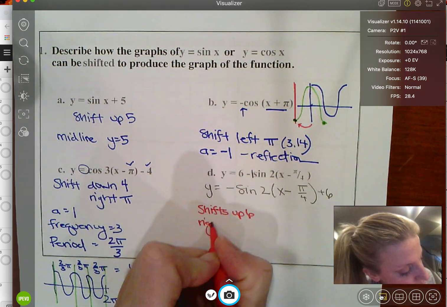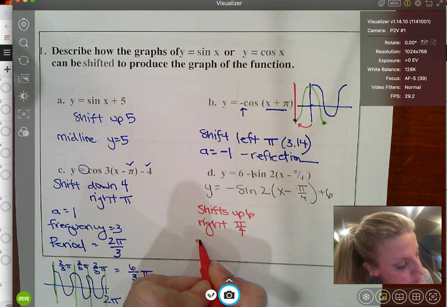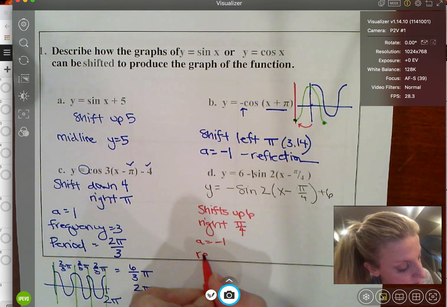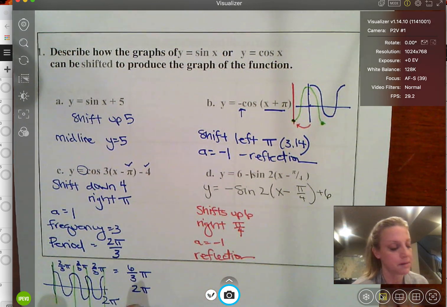It's going to go to the right pi over 4. The amplitude is -1, which means there's going to be a reflection. It's going to flip upside down. I'll give you a sketch of that part in a minute.